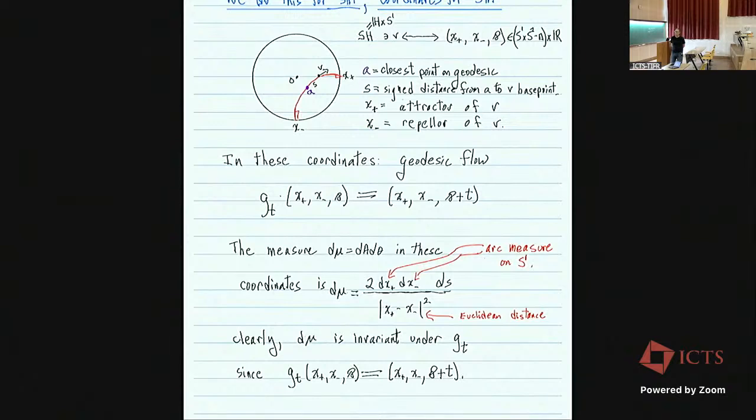I mean, this x plus and x minus come from V, right? You can think of whatever way you like to do it.